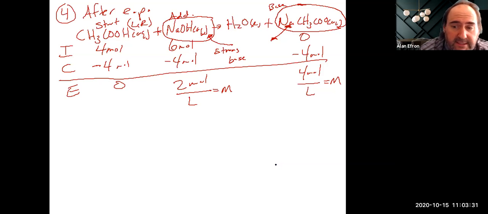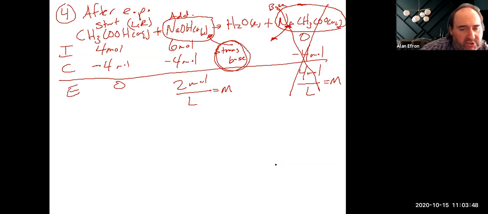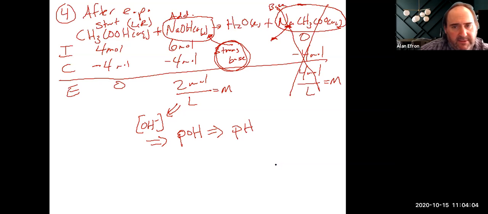And what that means is at this point in the titration, even though the sodium acetate is contributing to the pH, it's not contributing a lot. And we typically will ignore its contribution at this point because sodium hydroxide is a much stronger base than sodium acetate. And what that means is at this point, that will give you your hydroxide concentration, which will allow you to calculate the pOH and then the pH in this particular case.